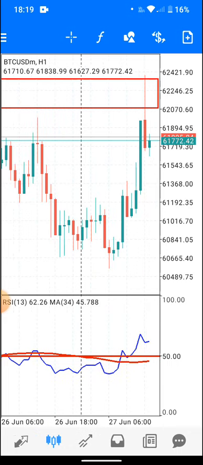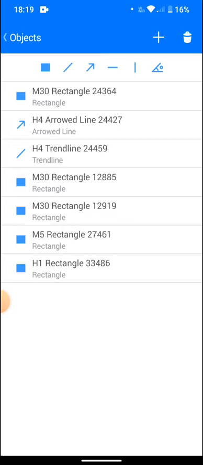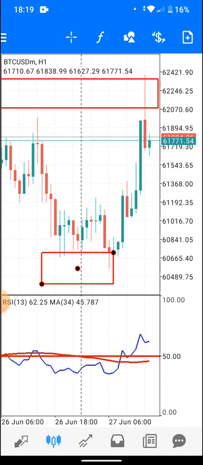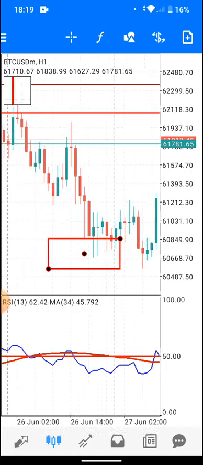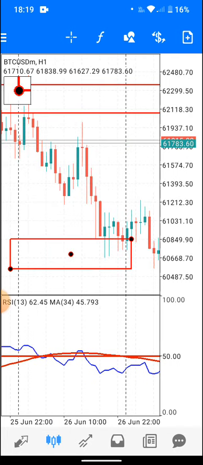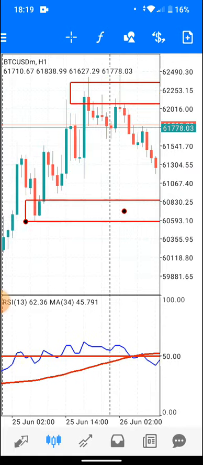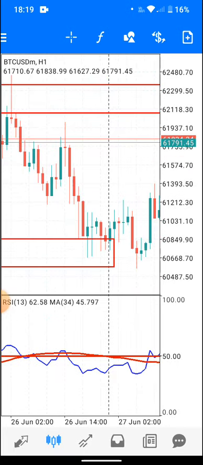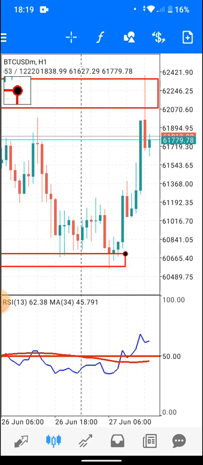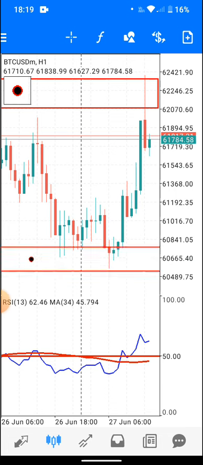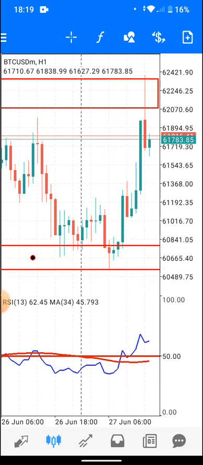Then now let's touch the screen again, and you draw your support at the bottom. So you just touch and drag. Okay, you make sure you drag well. You don't need to force anything, just drag. It is going to be very easy to play out. The mistake beginners make is that you want to cover all these candles at the bottom, even with this wick.